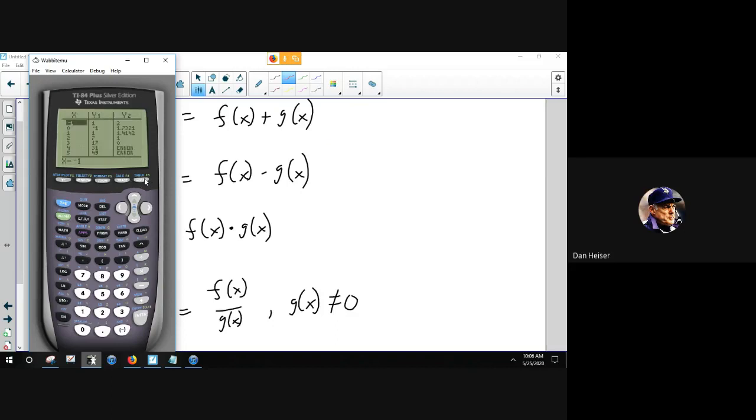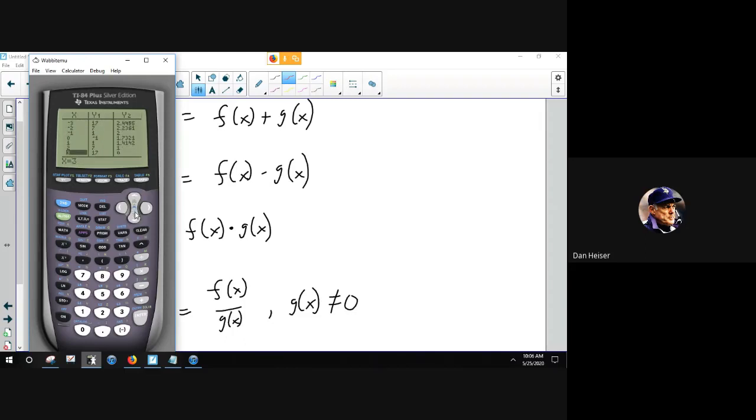So if I go to my table, at x equals 2, f of x plus g of x will be 8. At x equals 3, it'll be 17. At x equals 4, it's no longer defined. So this new function is going to have some undefined values.